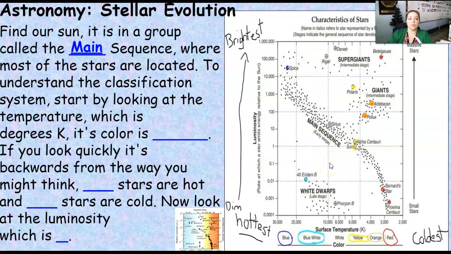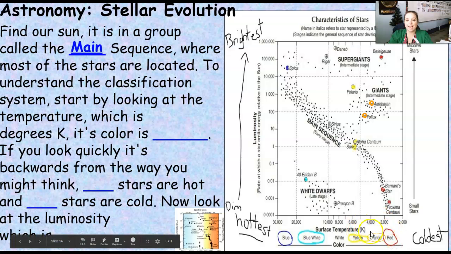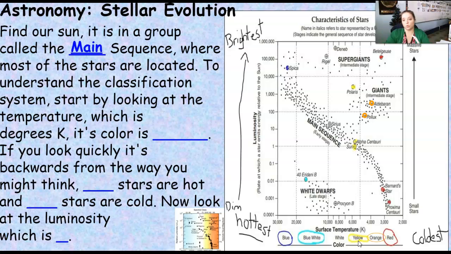To understand the classification system of the stars, you start by looking at the temperature. And the temperature is in degrees Kelvin. Well, what color is our sun? Well, right here I have highlighted the different colors. You could even go further, go up the page if you choose to do so.